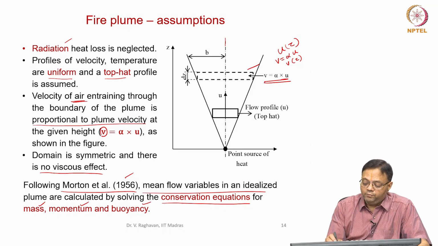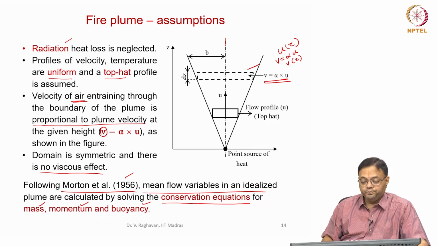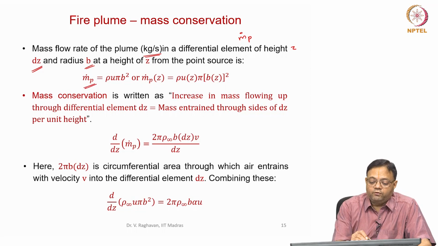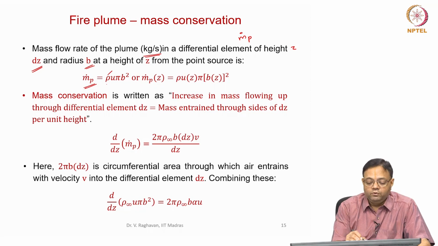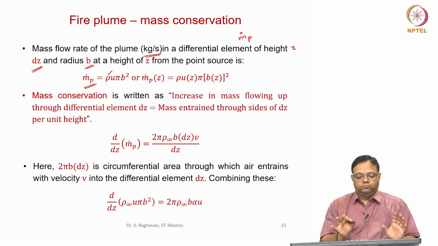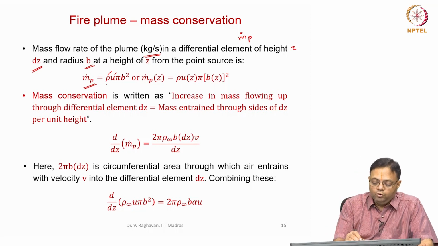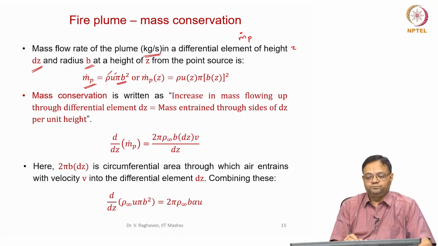So, the plume radius actually varies with the height. Now, the mass flow rate of the plume can be written as rho, the density of the plume, which is not going to vary within the plume, into the average velocity of the plume into pi b square, that is the cross sectional area.